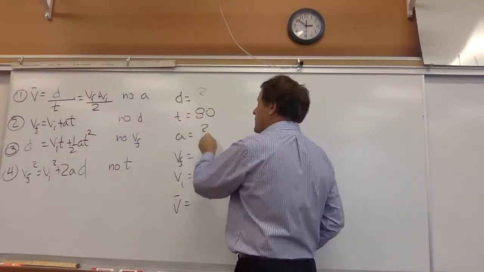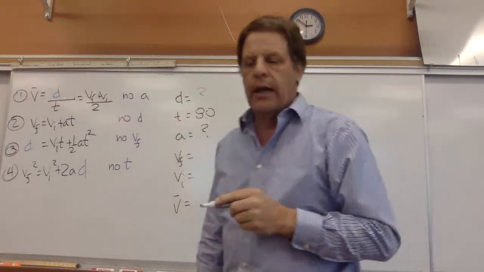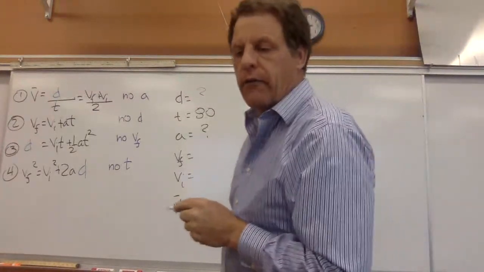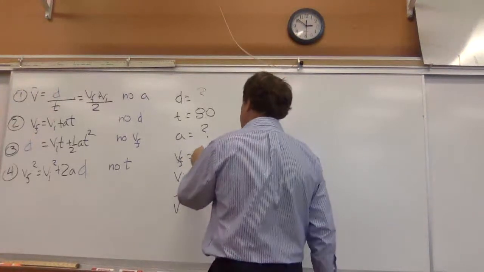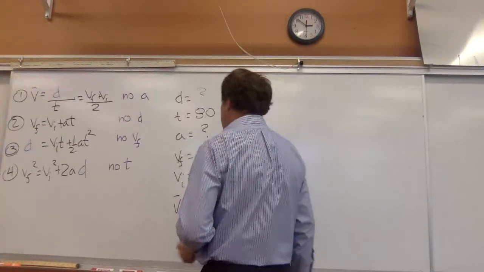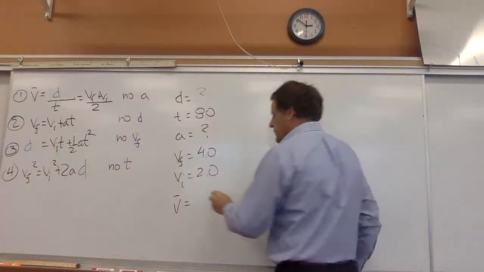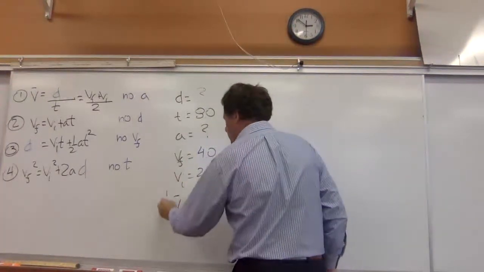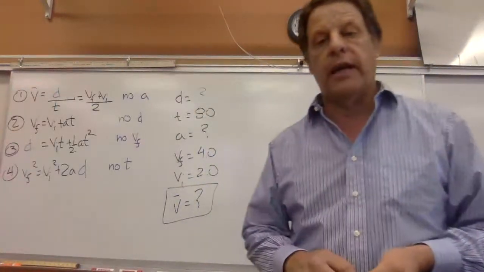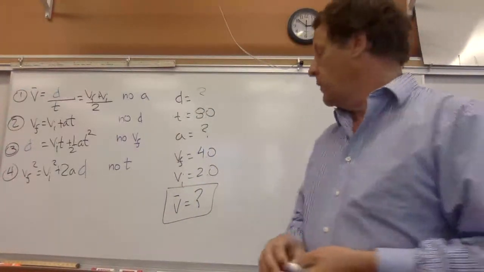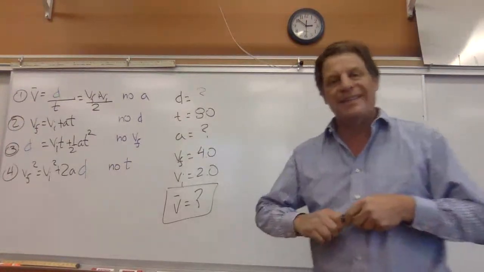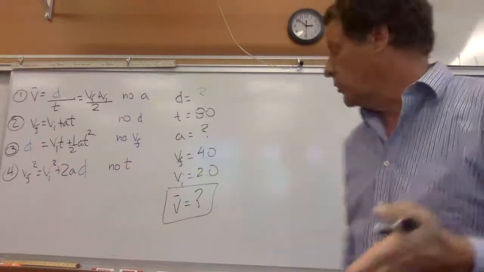We don't know the acceleration, the final velocity is 4, and the initial velocity is 2. And we're being asked, what is the average velocity? So now we can identify this, and this one is dealing with equation number 1.